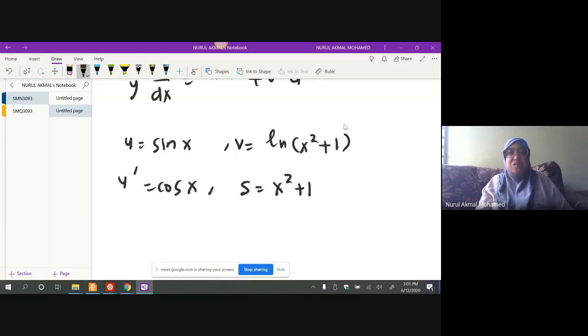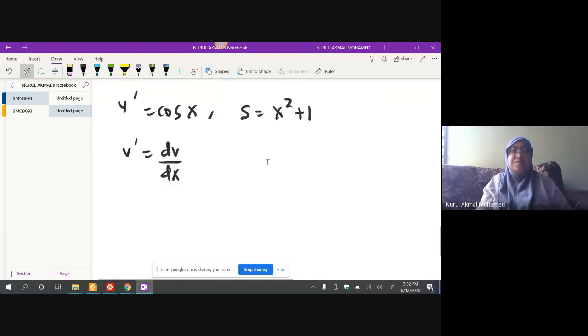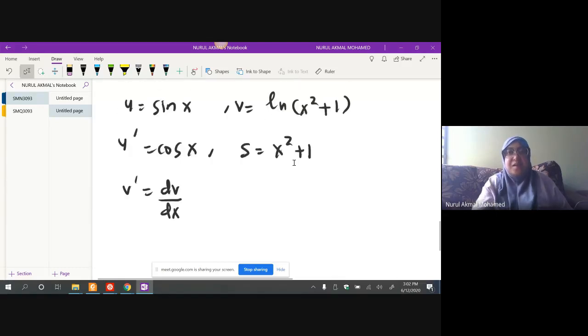So you want to find v prime. v prime is equal to dv/dx, because this is in terms of x. In terms of s, your v is equal to ln of s.